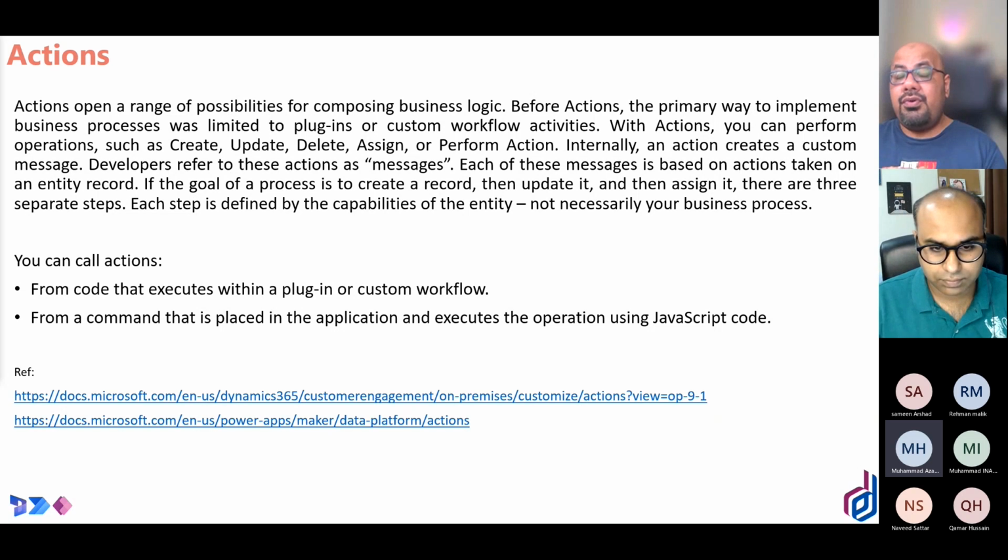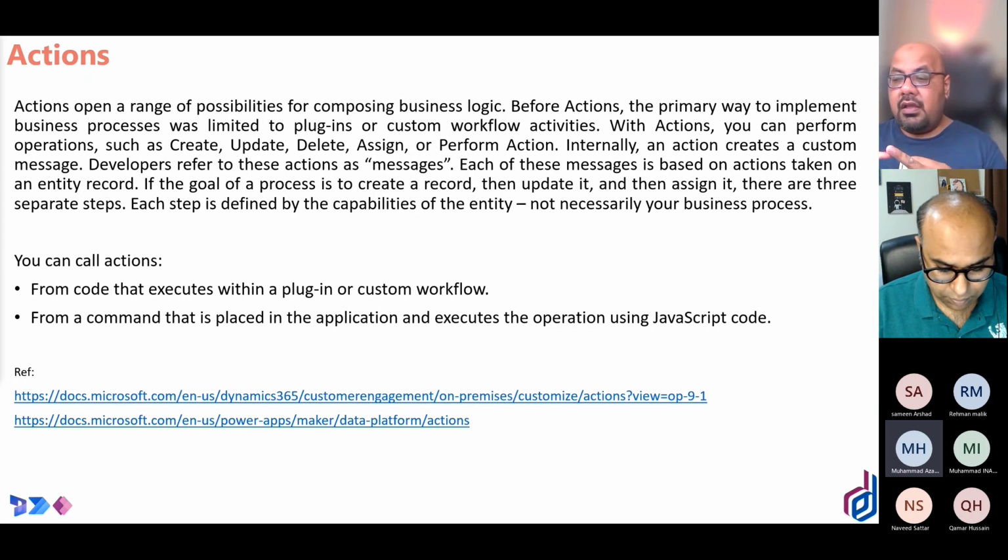But what if you need to build your own messages, and based on those messages you have to apply the business logic? That is where you set up an action, in which you define pre-formatted steps, meaning what the workflow should do, and call that particular action from your code.